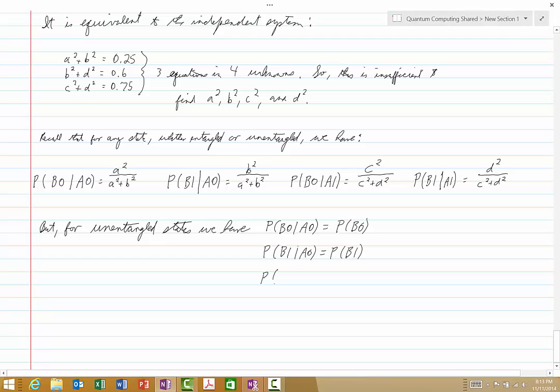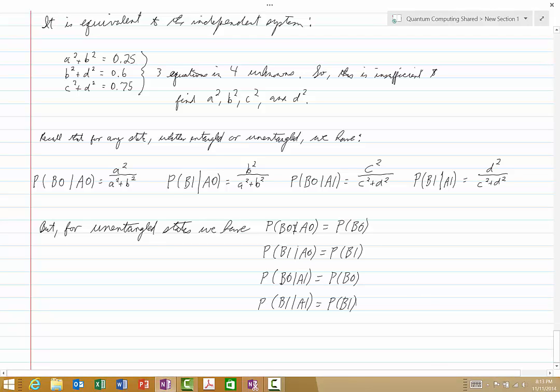P of B0 given A1 equals P of B0, and P of B1 given A1 equals P of B1. This is just saying that what Bob measures is independent of what Alice measures.